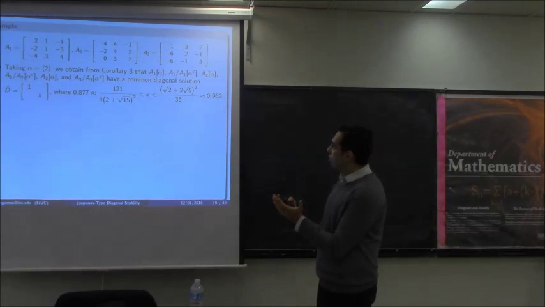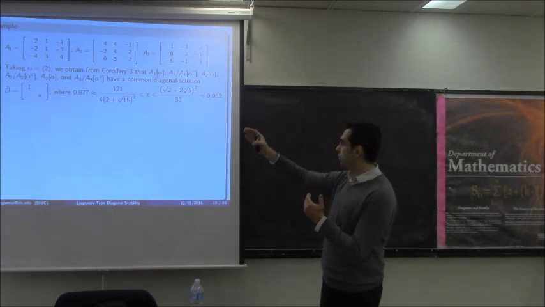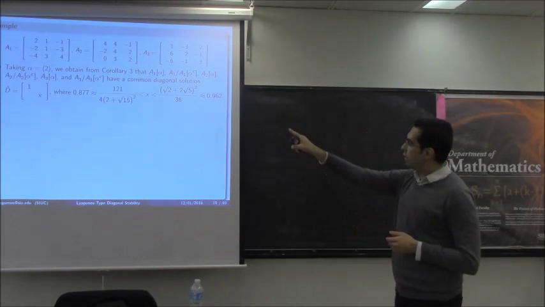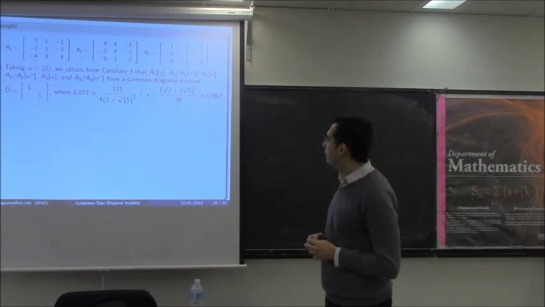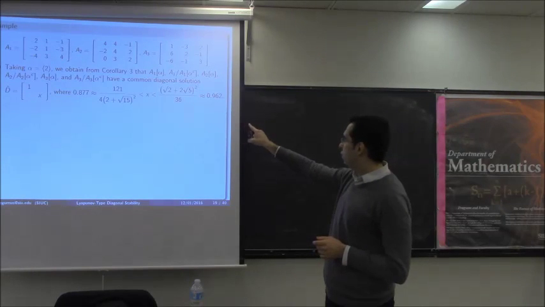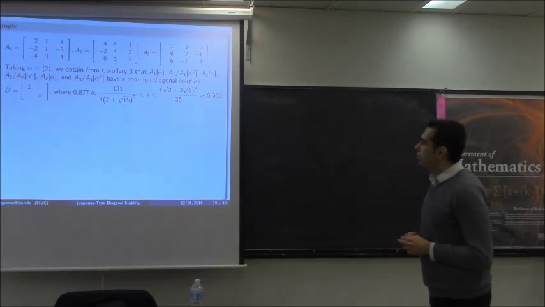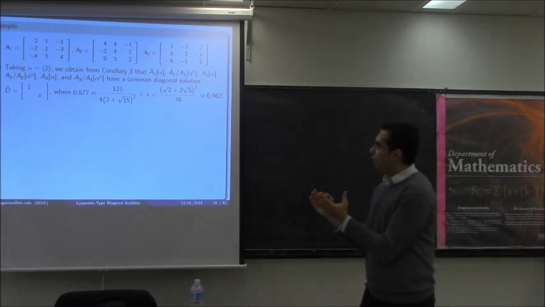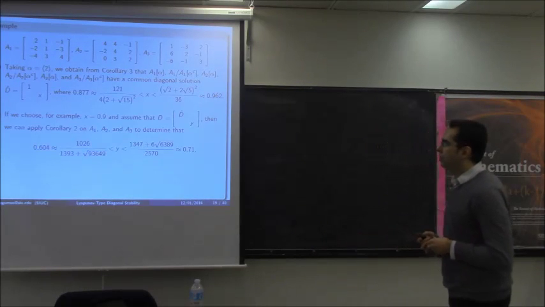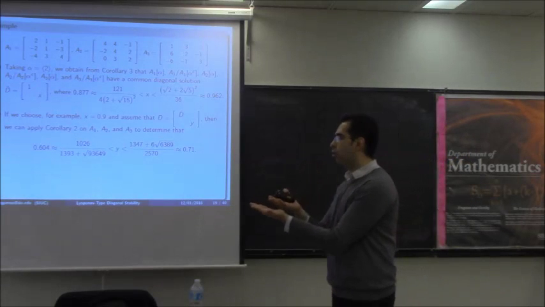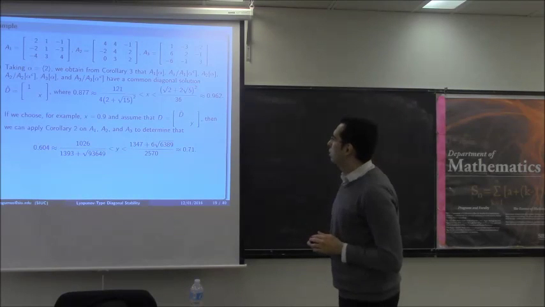So these 6 matrices are 2x2. That means we can apply our result on 2x2 matrices, and if we have a common diagonal solution in the form D hat, which is diag(1, x), we obtain an interval for x. Now remember the corollary has another condition: the solution intervals coming from all matrices should intersect.